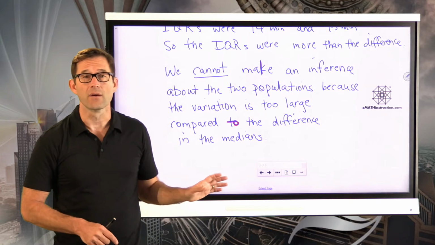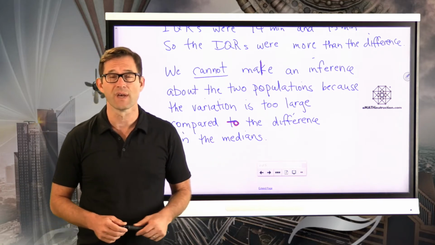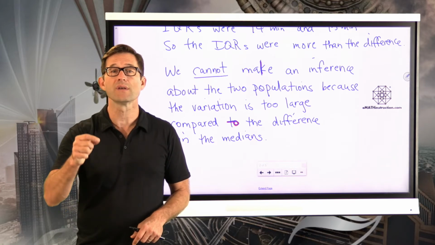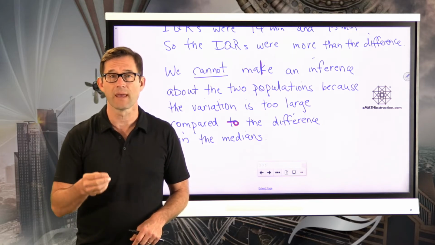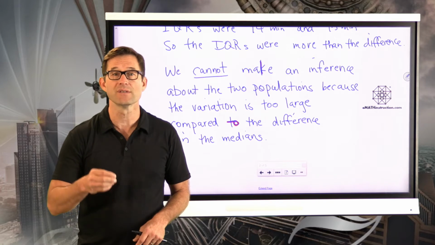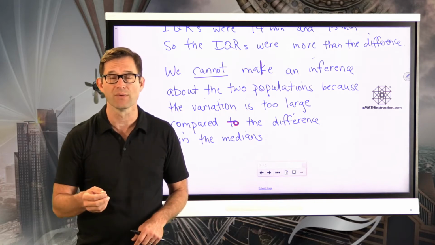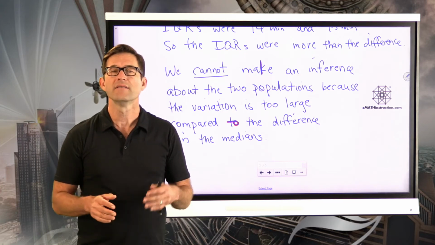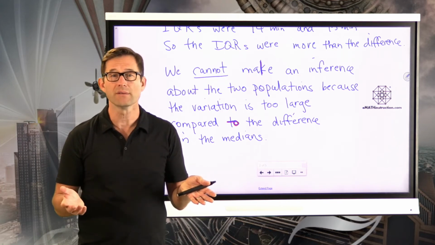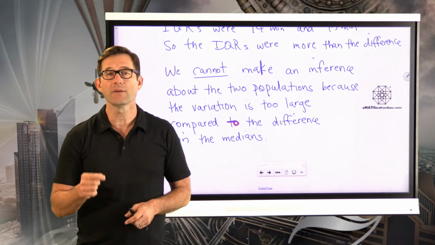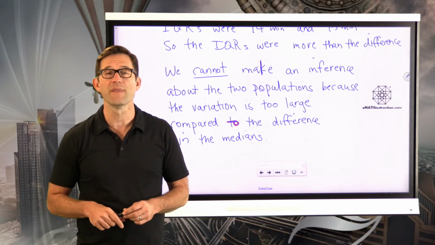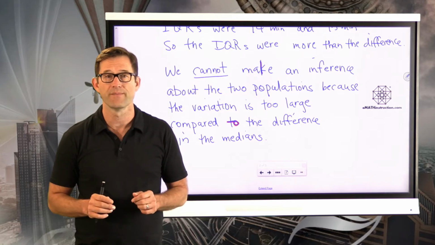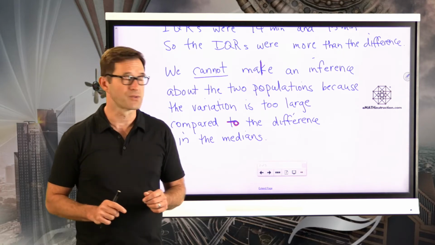And the idea here, and this is going to be the idea in the second exercise as well, is that we can only make inferences about populations based on samples when the difference between whatever we're looking at, typically either medians or means, is much larger than the variation that exists within the samples or within the populations. So let's take a look at another exercise.